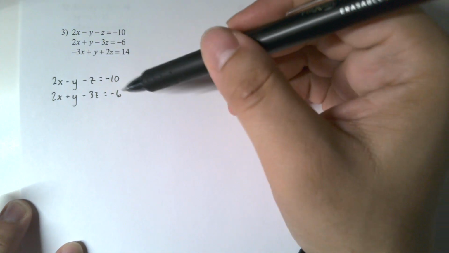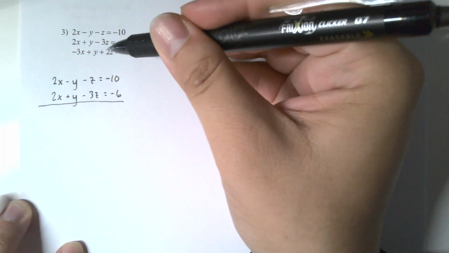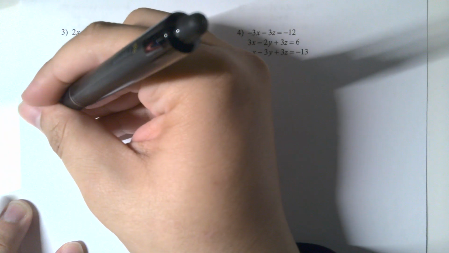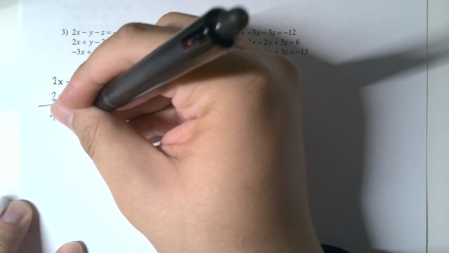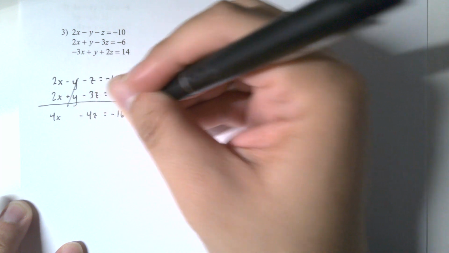So this is just equations 1 and 2. I just rewrote them because I didn't really have room between that one and the third equation. But if I add these two together, I get 4x, the y's cancel, and then minus 4z is equal to -16.